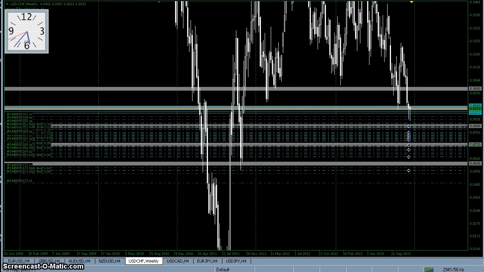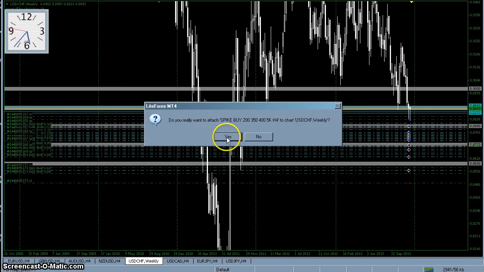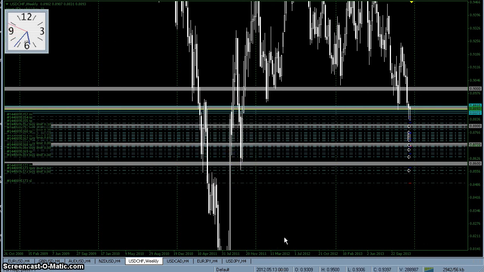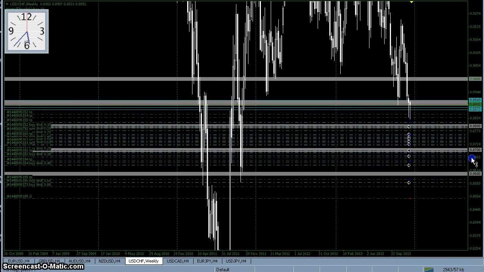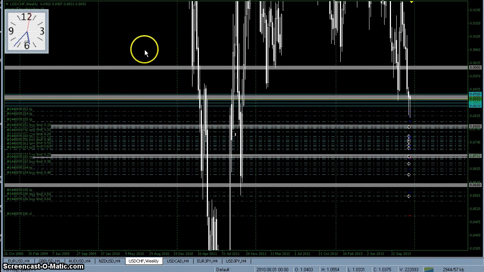And here's a deeper one. This is only 4 hours here, so I'm going to commit to 200 pips deep for 4 hours. That's what that looks like. But it's kind of stupid trading.